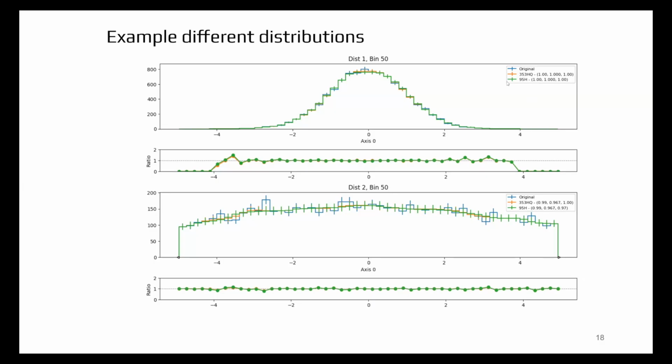In the legend we have different metrics to see how good a specific algorithm is for this data, and we have a ratio plot underneath.